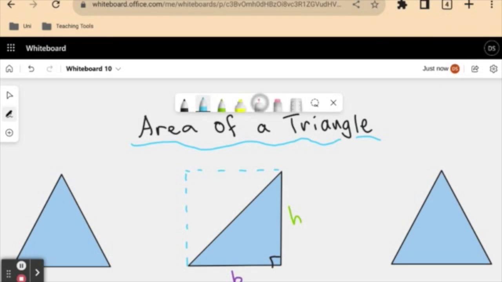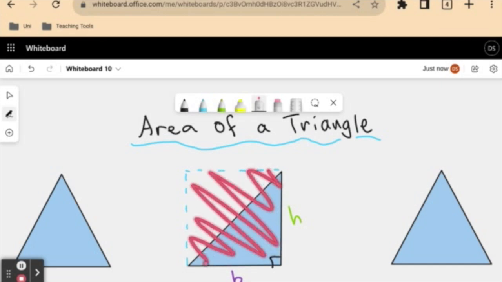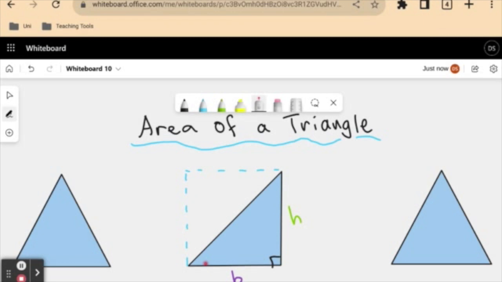So multiplying this base by the height, I get this total area here. But that's okay because what portion of that area does my triangle make? Well, just by looking at it, it looks like it kind of makes up half, doesn't it?